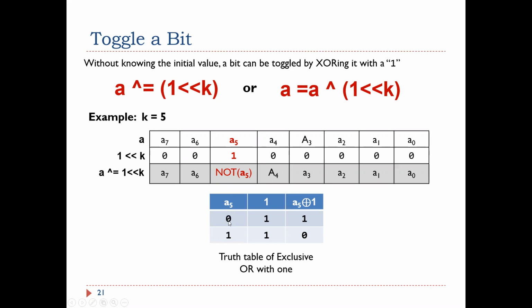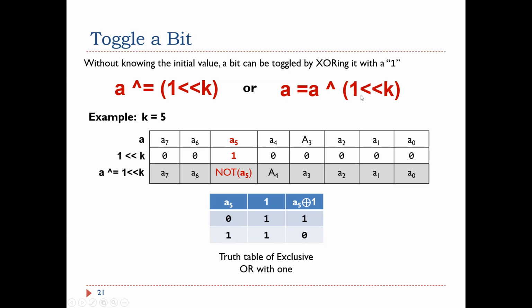If A5 was 0 before the operation, it will become 1. If A5 was 1, then it will become 0. For this, we are going to do an XOR with the same filter.